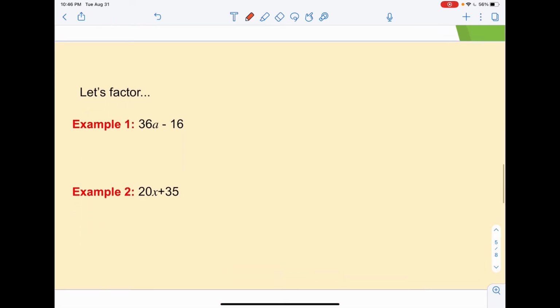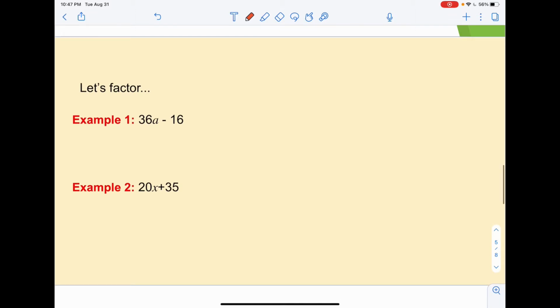Okay, let's move on with factoring. Factoring is the inverse of distributing. In order to factor 36a minus 16, we are going to look for the greatest common factor. Since there is no a in 16, we will focus on 36 and 16.